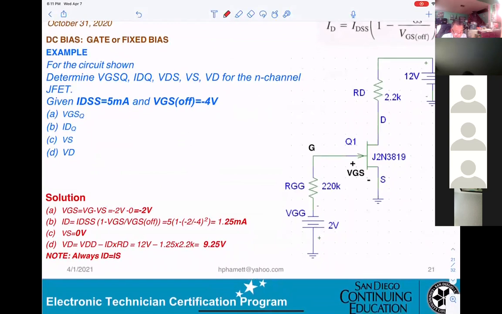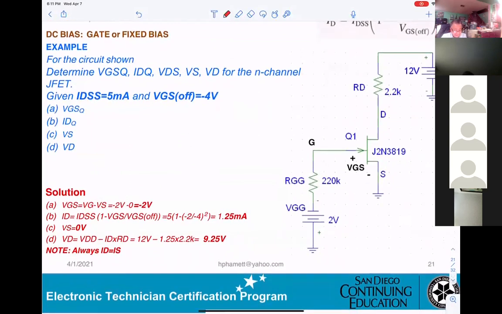Okay, so first thing, we go back to working with the gate or fixed device bias first. Now, you're looking at the circuitry here. You can say VGG equals minus 2 volt and RGG equals 220K.